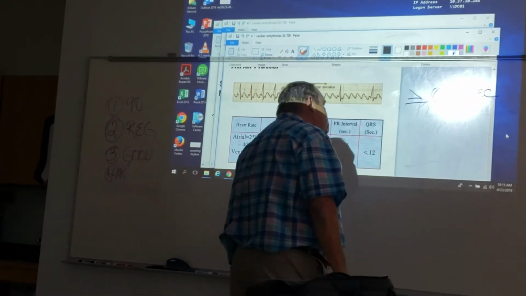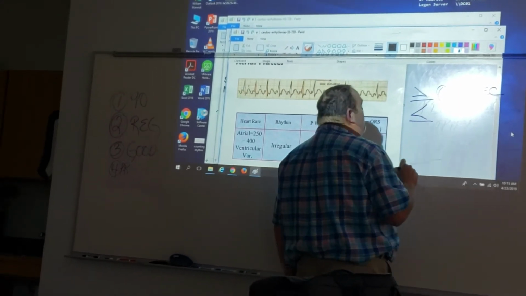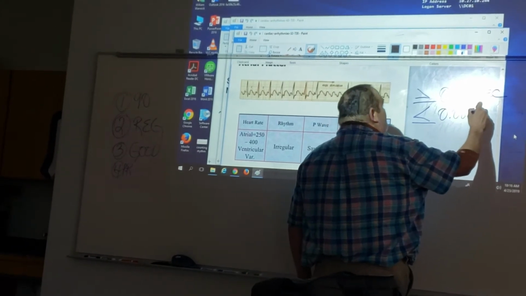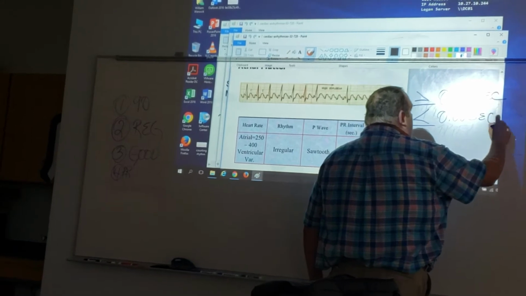Okay? But it also can be no narrower, okay, than 0.08 seconds, which is 2 small blocks.